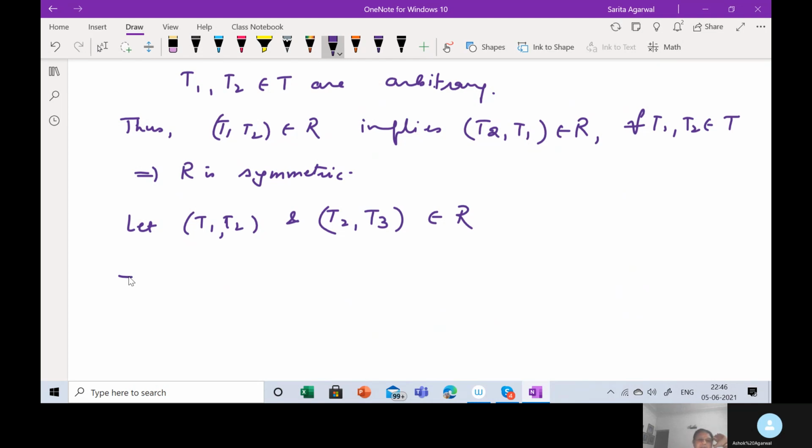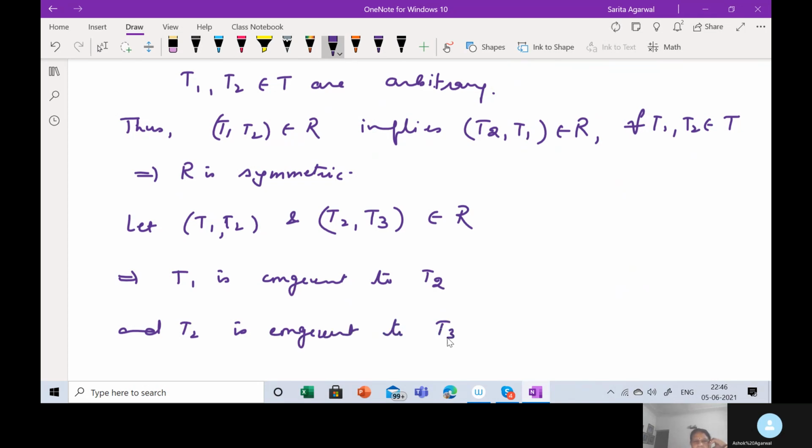Means T1 is congruent to T2 and T2 is congruent to T3, and this gives us that T1 is congruent to T3.